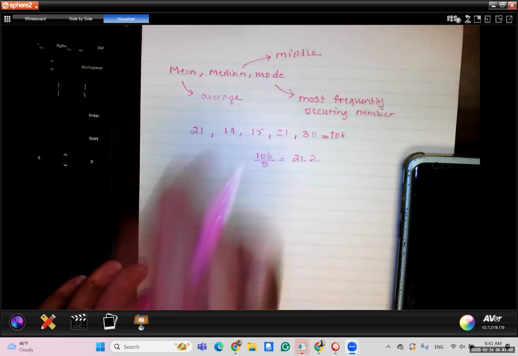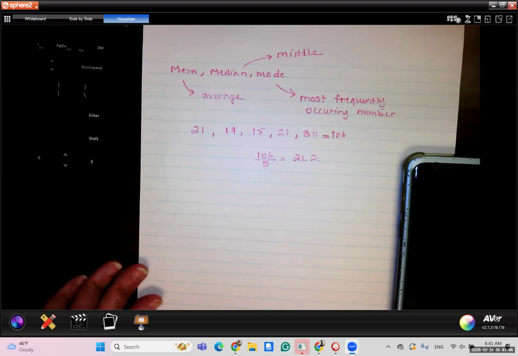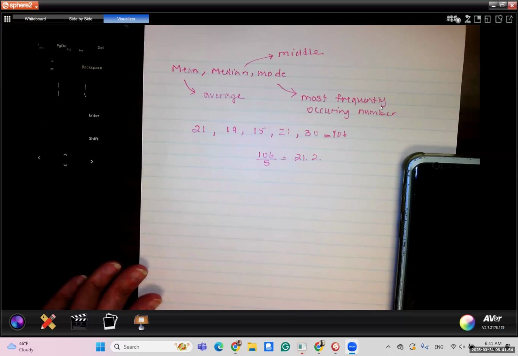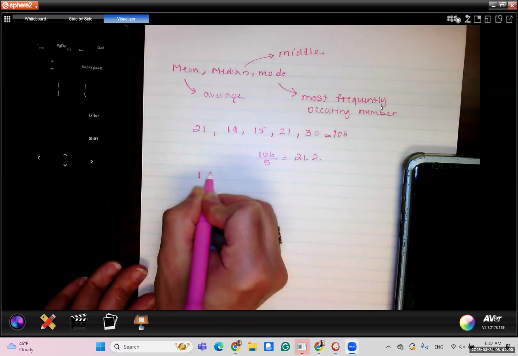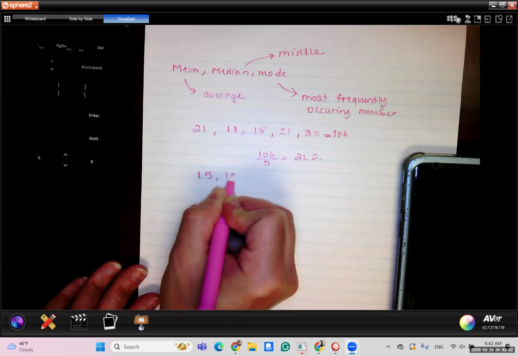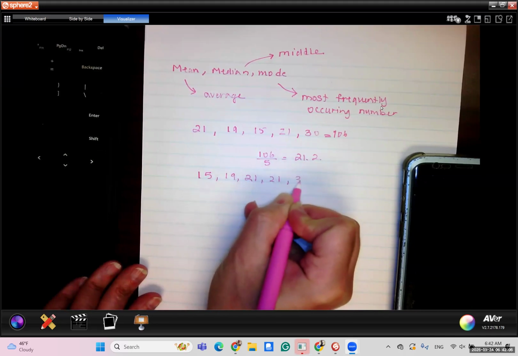So let's look at the same data over here and find the median. For median, you need to always put your data points in order from smallest to greatest, always. It's not just finding the middle, you have to put them in order from smallest to largest. So 15, 19, we have two 21s, and we have 30.